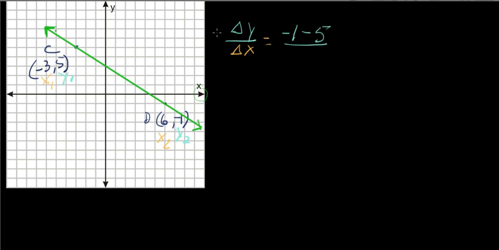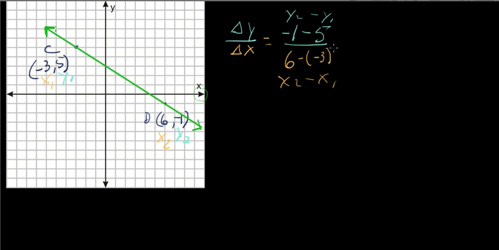So there's y2 minus y1. Okay, -1 is y2 minus 5 is y1, and x2 minus x1. x2 is 6 minus x1, which is -3.